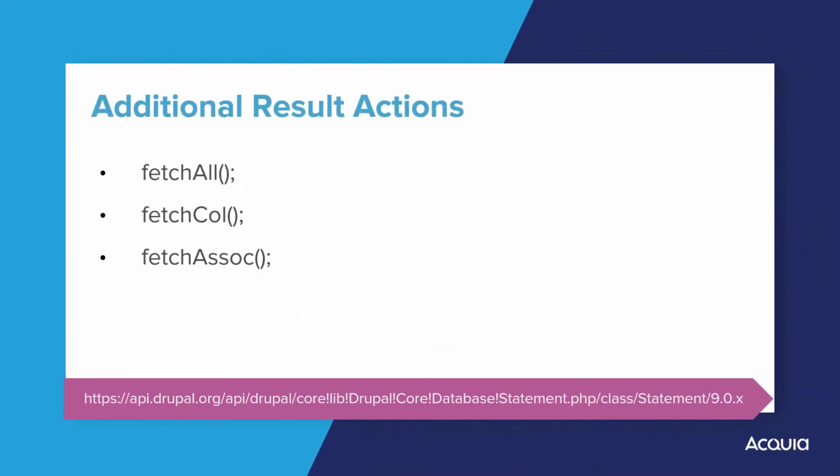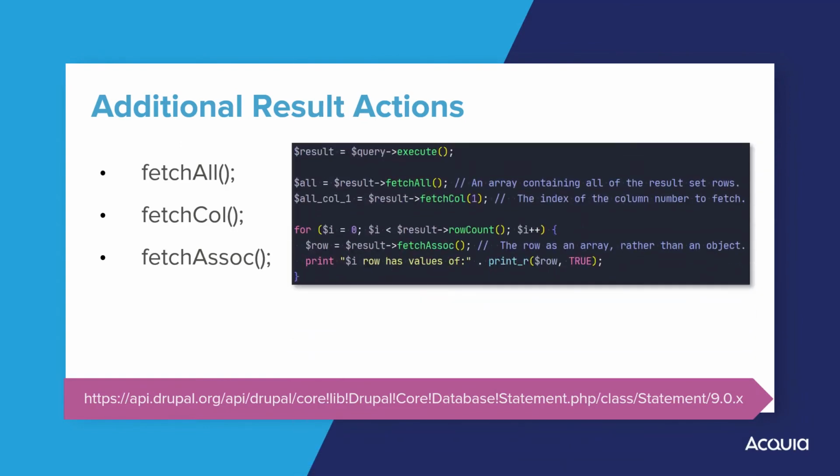After we have executed a query statement, you can perform additional actions to the result object to obtain results instantiated in various ways depending upon your needs. We won't go over all these in detail during this video, but please visit the URL shown and provided again at the resources at the end of this video.